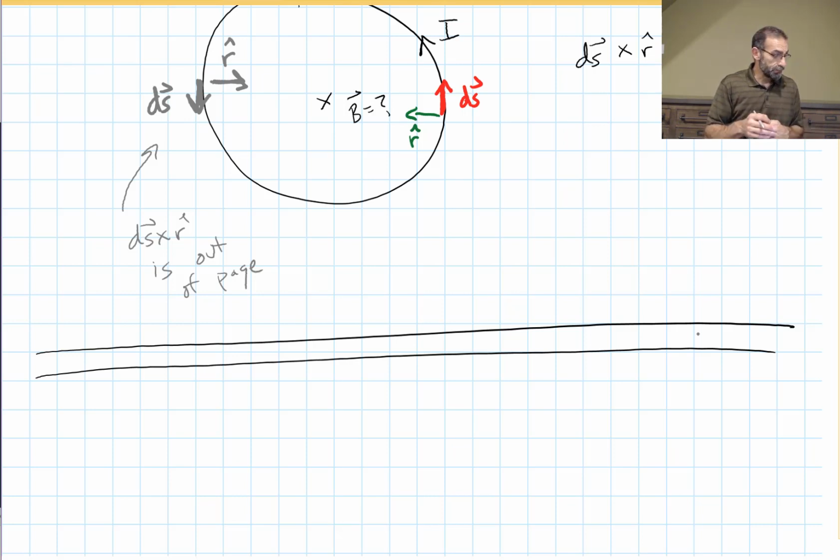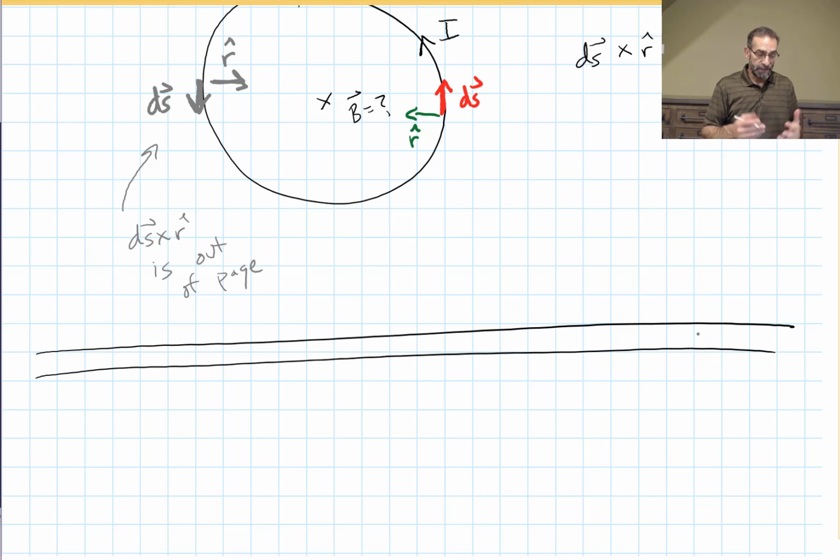But what was the next thing we did? We said we had this special relationship, Gauss's law, that only really helped us in a few cases, but in those few cases it was really helpful, right? Well, it turns out we have an analogy with magnetic fields.